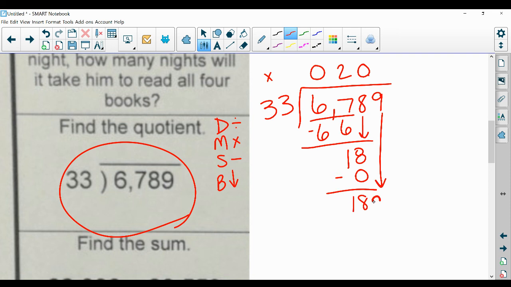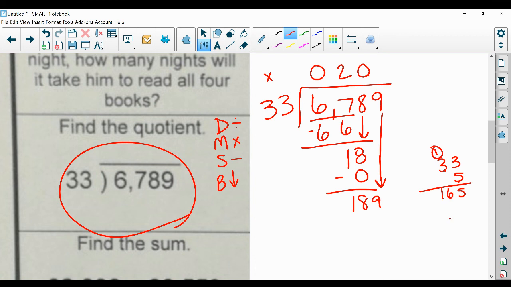Bring down the 9. So this is where I need to start thinking, how many times will 33 go into 189? So I knew 2 gave me 66. Let's try, my magic number is 5. So let's try 5 and see what 5 does for us. 5 times 3 is 15. 15 again plus 1 is 165.